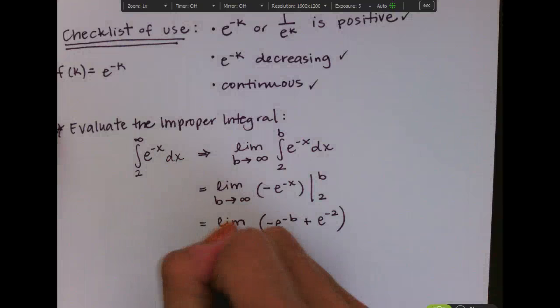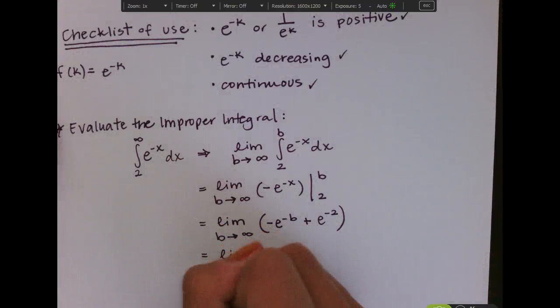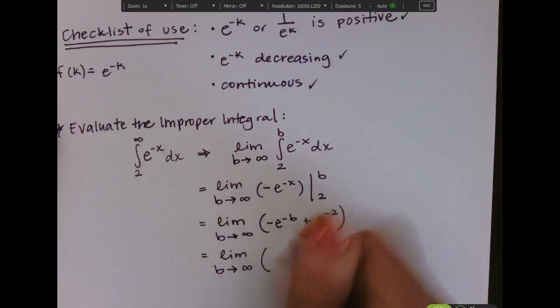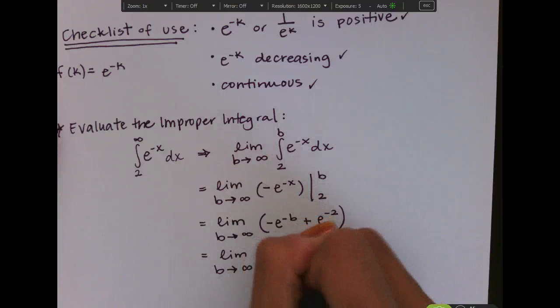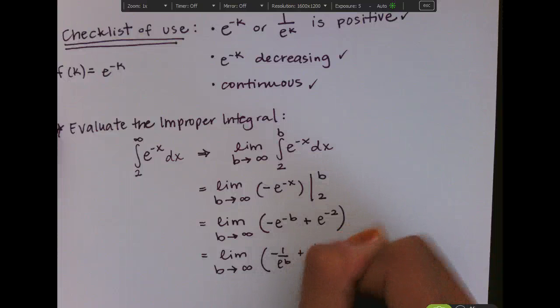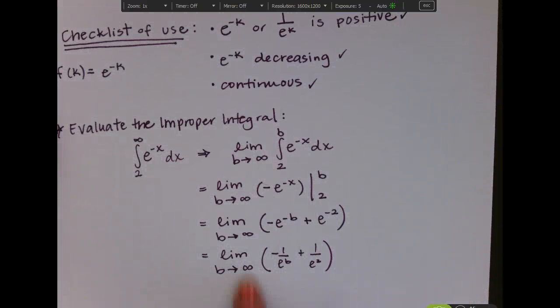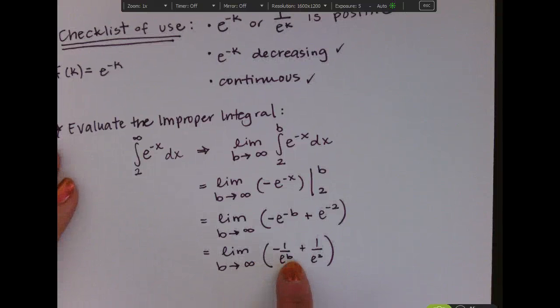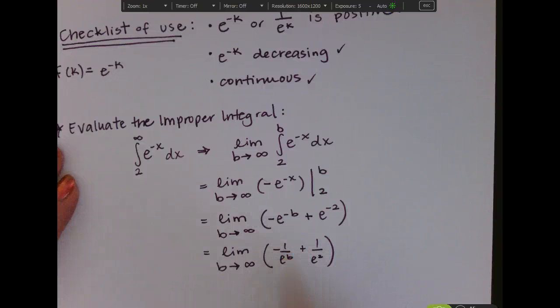Might be helpful to look at these without the negative exponents as you're evaluating them. So negative 1 over e to the b plus 1 over e squared. And I want to see what the limit is as b approaches infinity. So here, as b approaches infinity, my denominator goes to infinity, which means that the entire term here will go to 0.